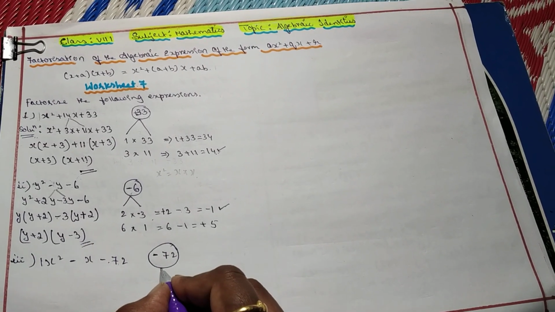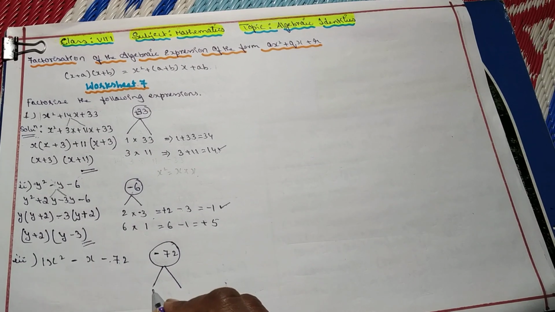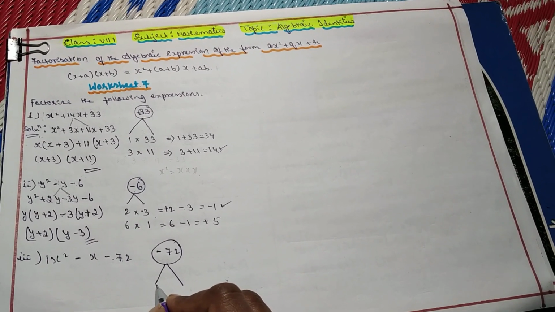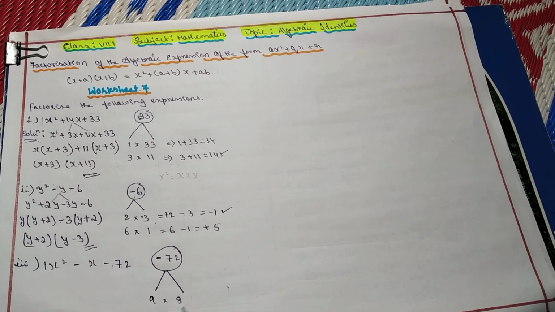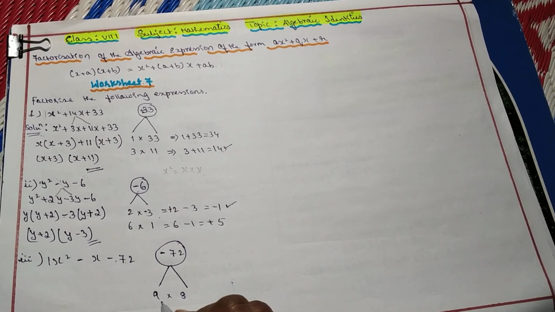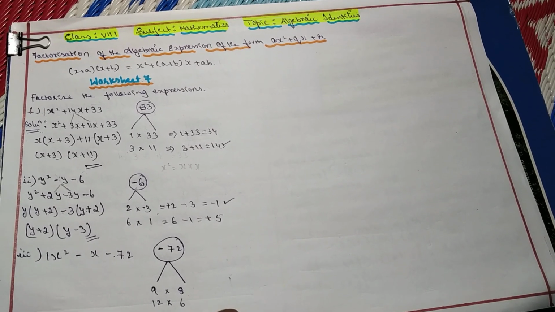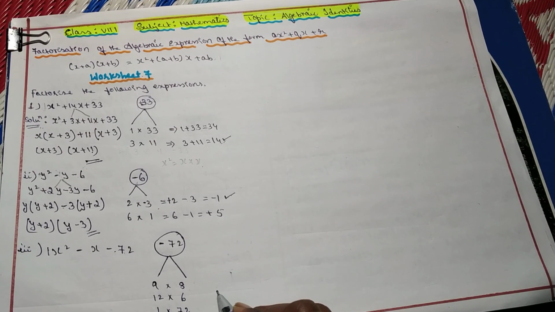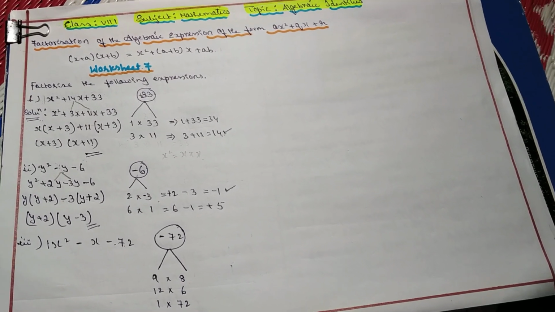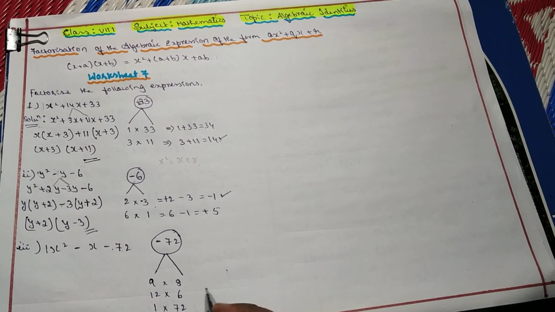Second step is bringing it in the table. 9 7s are 63, 9 8s are 72, 9 into 8 is 72. Next, 12 6s are 72, 1 into 72 is 72. Yes, these all come in the table. Other than this we also have others, children, but you have to choose.